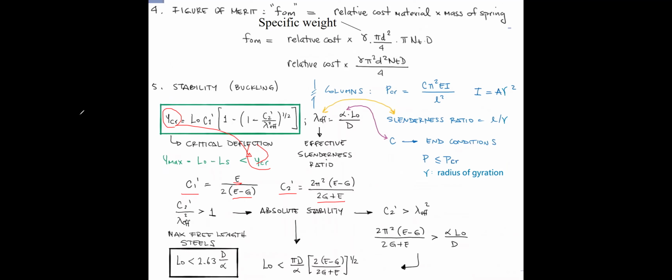If C2 prime over lambda EFF squared is greater than 1, what does that mean?